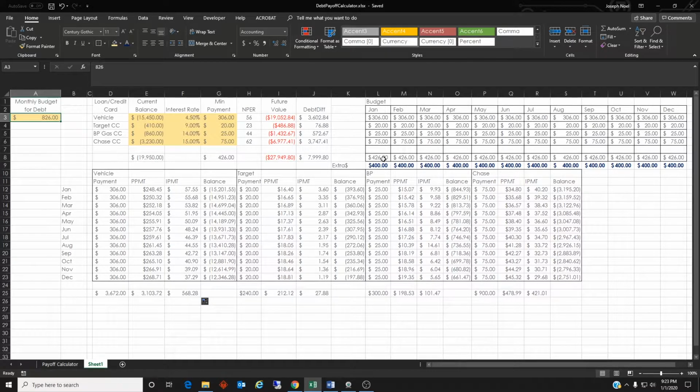So I'm going to show you how to do that. And there are really two philosophies when going about this. The Avalanche, which means to pay off the highest interest rate debts first, and the Snowball, which is to pay off the lowest current balance debts first.